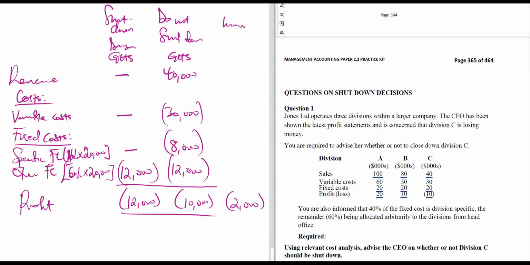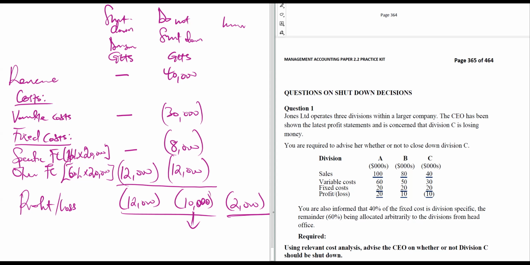Should we shut down or shouldn't we shut down? Negative 10,000 and negative 12,000, which one is higher? Negative 10,000 is better. So we shouldn't shut down.